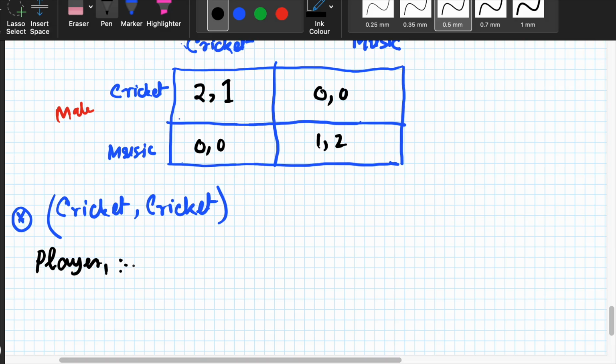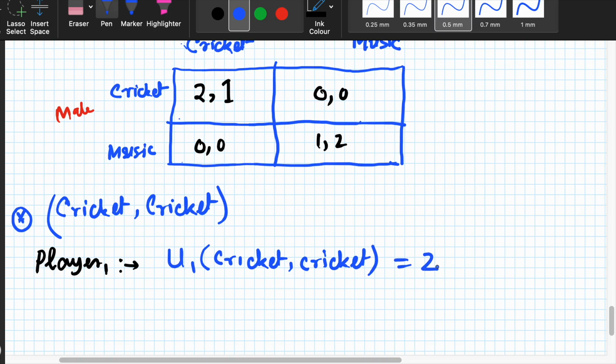The utility of player 1 of playing cricket is 2, and if he deviates from cricket to music while the female sticks to cricket, he will get 0. So there is no incentive for player 1 to deviate from cricket.